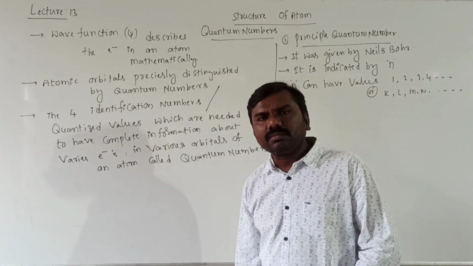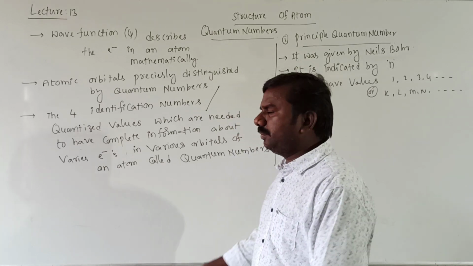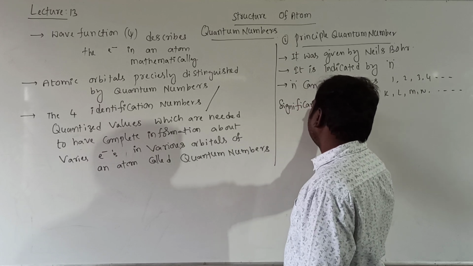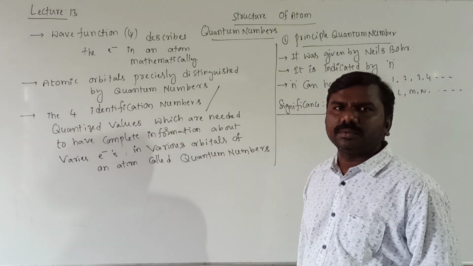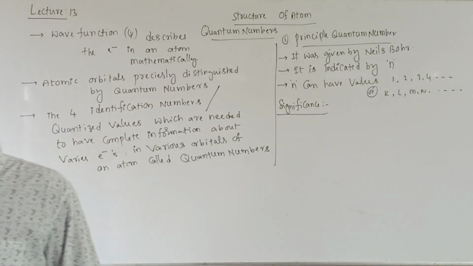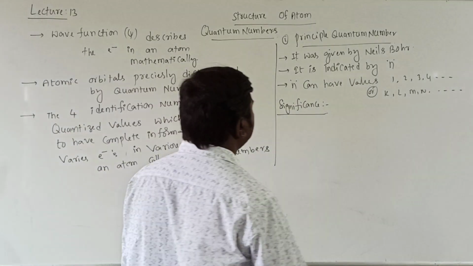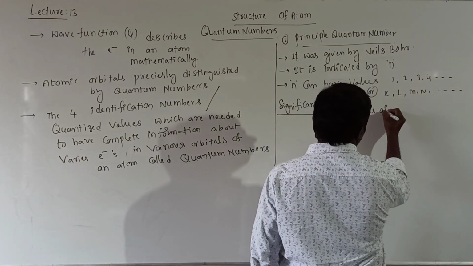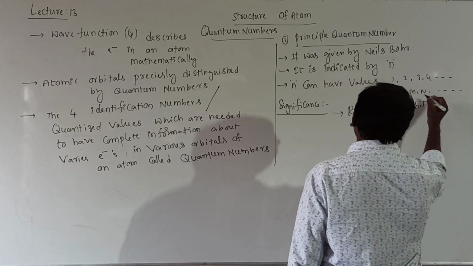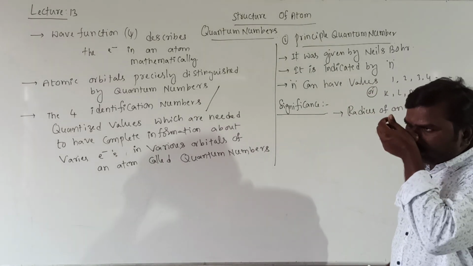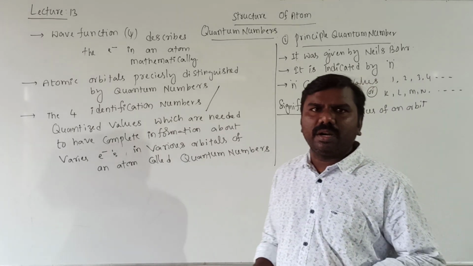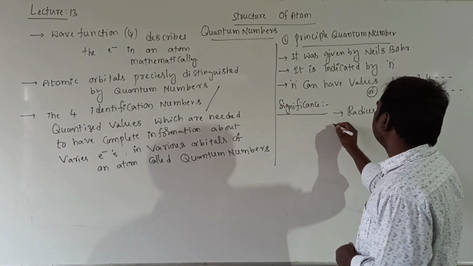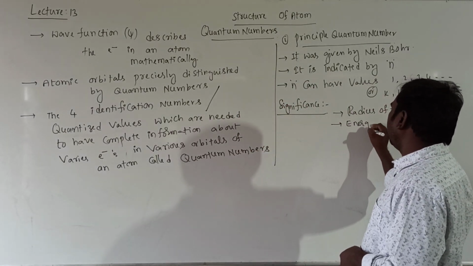What is the significance of the principal quantum number? First, it indicates the radius of an orbit, which means the size of an electron's orbit. The radius of orbit formula we know already, 52.9 into n square by Z. Next, the energy of an electron.